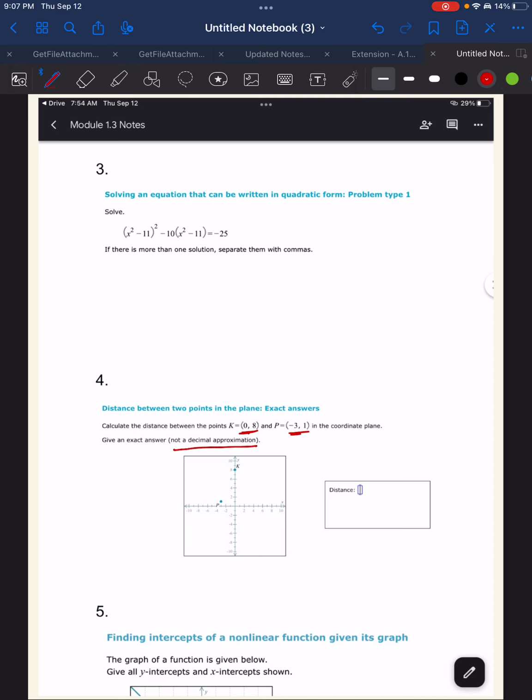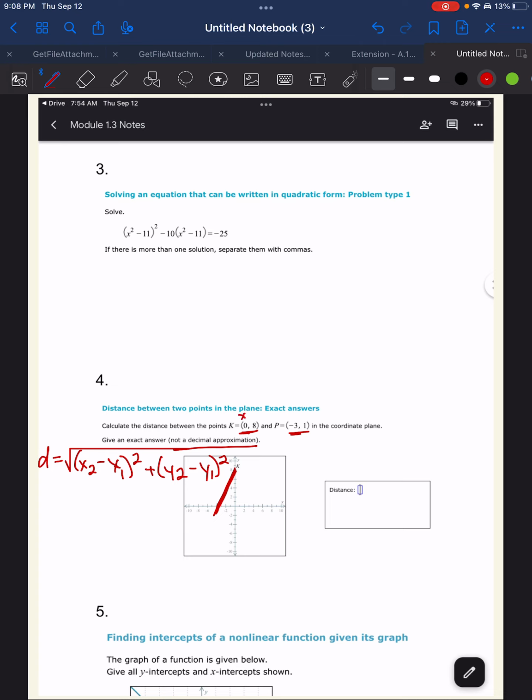So our goal is to find the distance from point K to point P. We want the exact distance, so we are going to use our distance formula: the square root of (x2 minus x1) squared plus (y2 minus y1) squared.